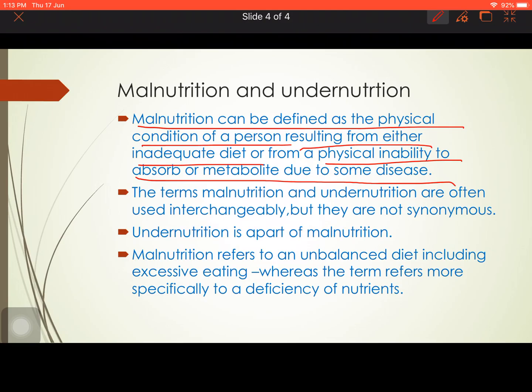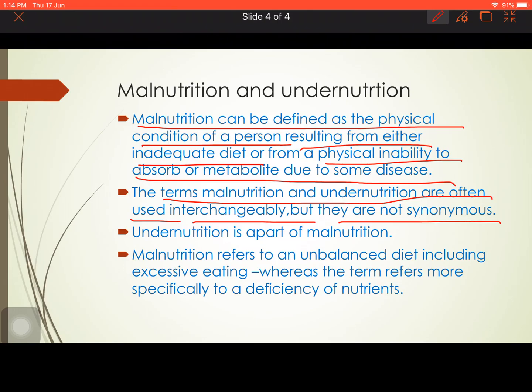Why? Because undernutrition is a part of malnutrition. Is it clear? Undernutrition is always a part of malnutrition, and malnutrition refers to an unbalanced diet. It includes excessive eating also, whereas undernutrition refers more specifically to a deficiency of nutrients.